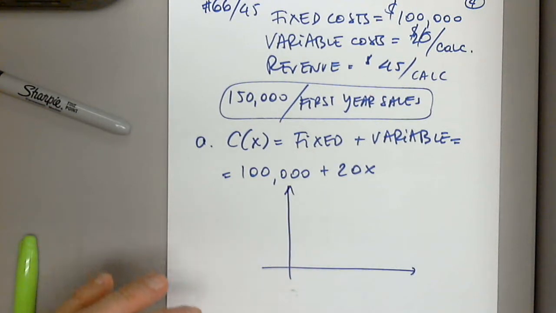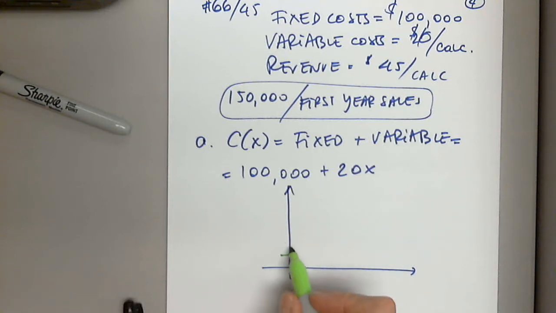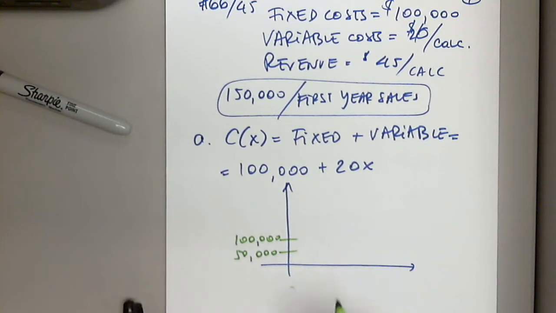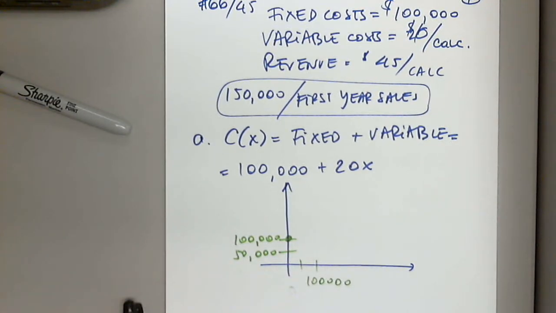Can anyone give us the intercept? When X is 0, when we don't manufacture anything. 100,000. Yes. So I'm going to say that this is 50,000, this is 100,000. So that's the first point. And let's say we want to manufacture 10,000 for now, because I can easily get that Y value.